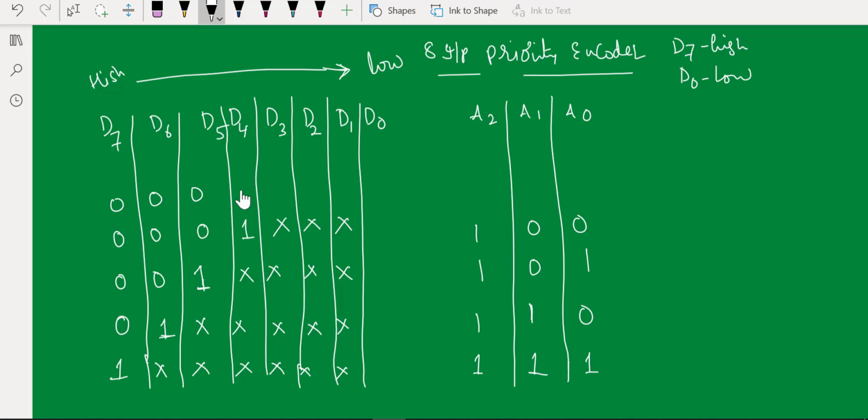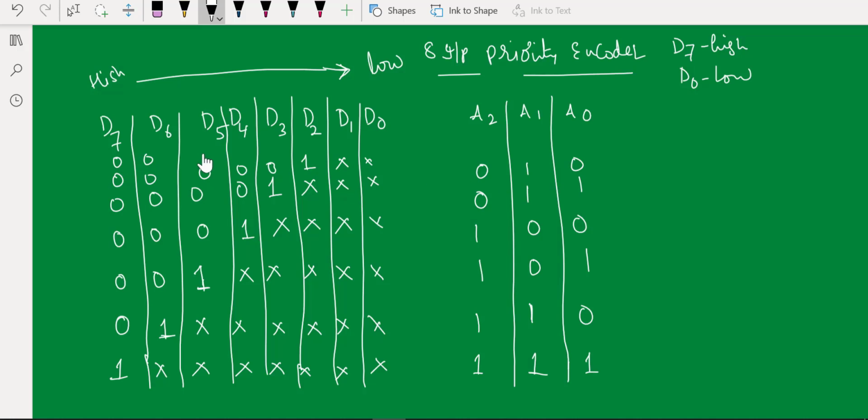Similarly, if D7 till D4 are 0 and D3 is pressed, now D3 is the highest priority and you don't have to care about other inputs. So in this case, it will be 0, 1, 1. Similarly, when D2 is pressed, you don't have to care about the lower inputs, so you are going to get 0, 1, 0.